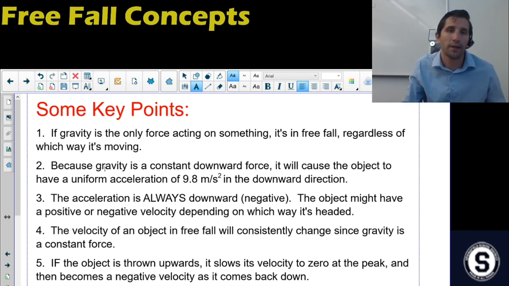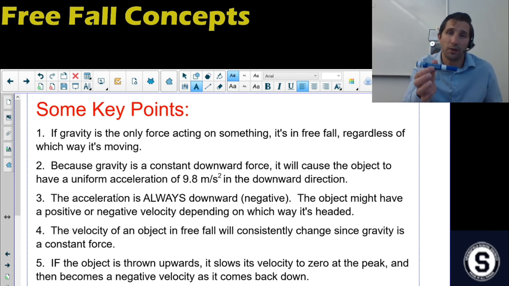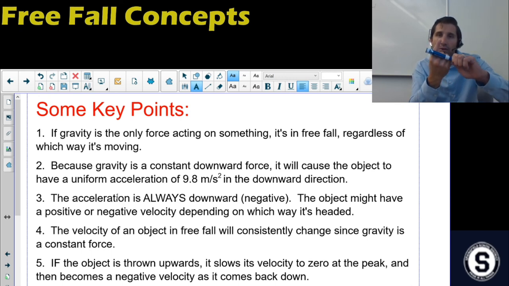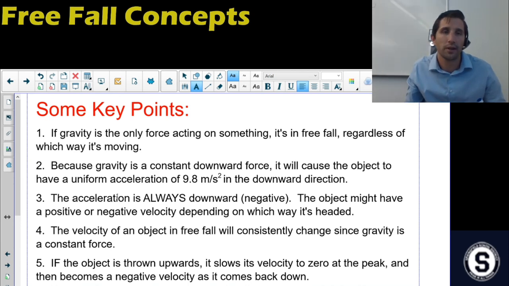And lastly, if the object is thrown upwards, it slows its velocity to zero at the peak, and then it becomes a negative velocity as it comes back down. So the velocity goes from a positive value to zero when it stops to a negative velocity when it comes back down. That entire time, the acceleration is downwards at negative 9.8 meters per second squared.